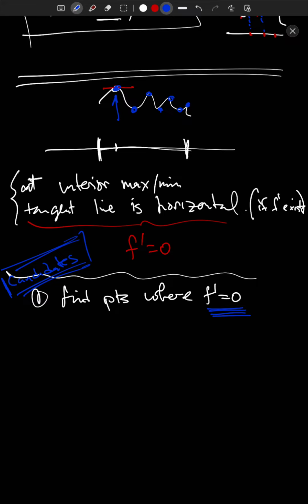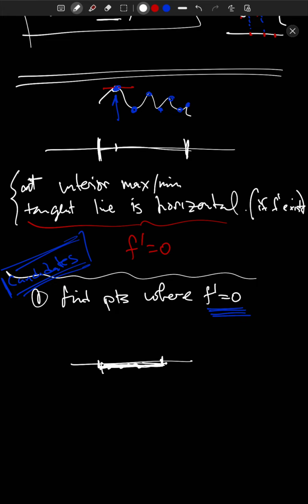So immediately you can see this is great, because if I just give you a formula for a function and ask you to find the maximum value within this interval, you have no idea what it looks like. Where could the absolute max or min be? It could be anywhere within this interval. So it's an infinite problem in a way. The possibilities are infinite. But now that we understand the derivative, you know that if the max is in the interior, it has to happen at a point where f prime is 0, or where it's not differentiable.